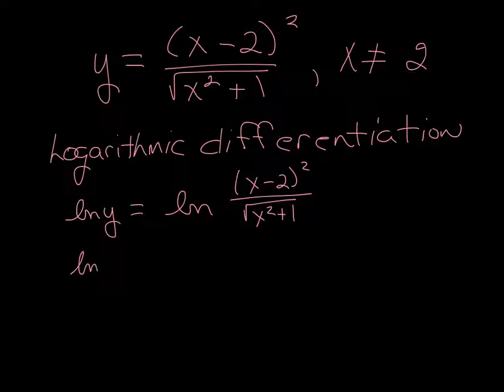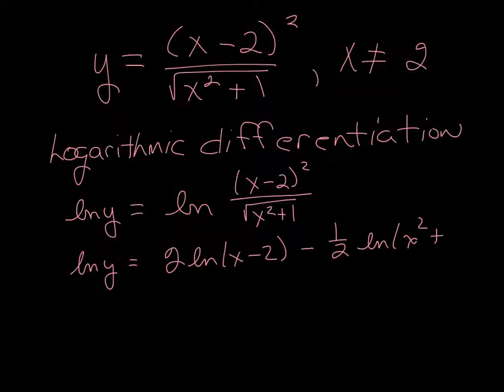So the natural log of y equals twice the natural log of x minus 2 minus 1/2 the natural log of x squared plus 1. Easy enough to expand it, because now it's easy to take the derivative on the right side. So we're going to have y prime over y equals twice 1 over x minus 2.